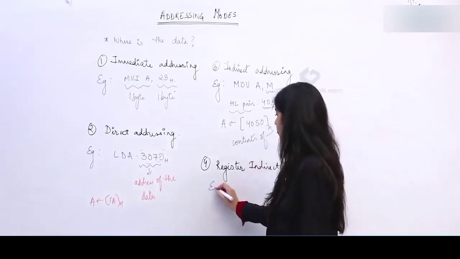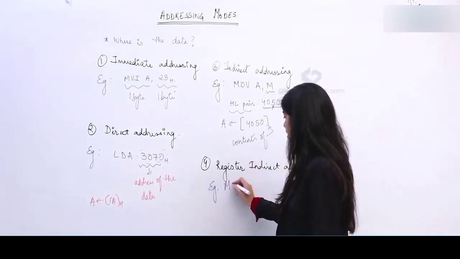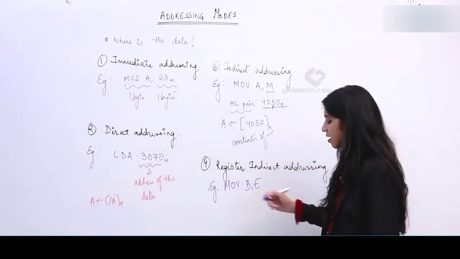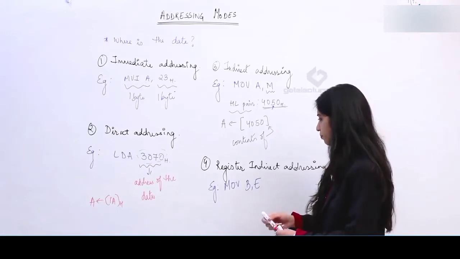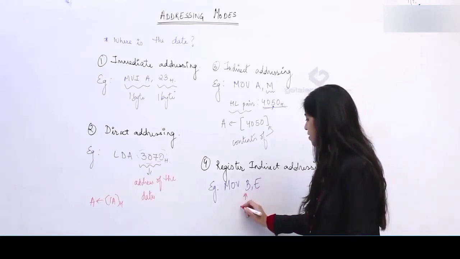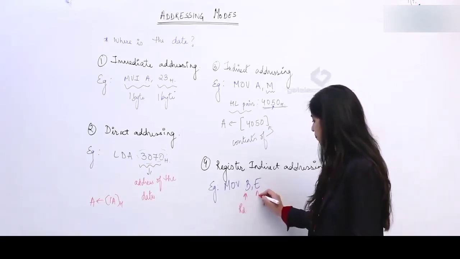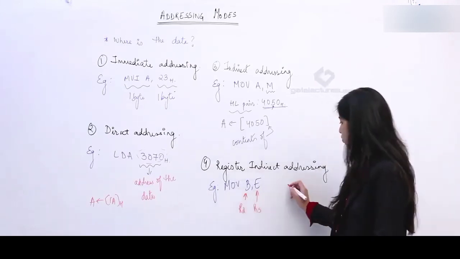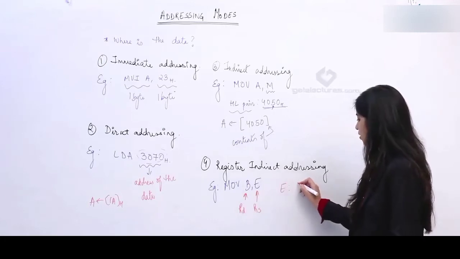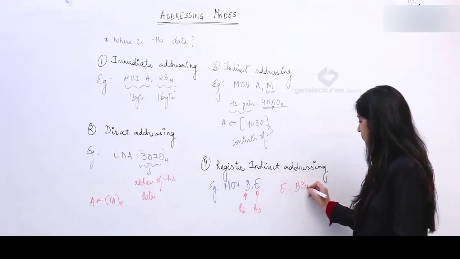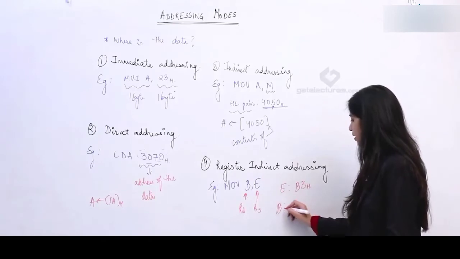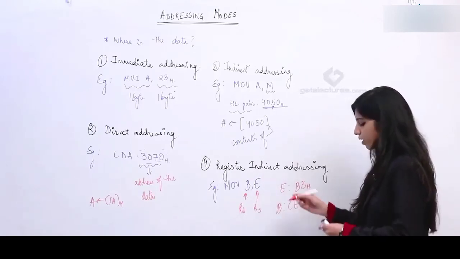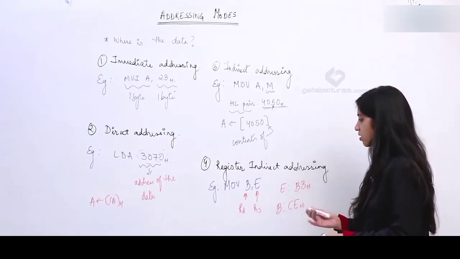For example, MOV B, E. Here register B is the destination and E is the source. Suppose E was holding the value B3 and B was initially holding a value CE.